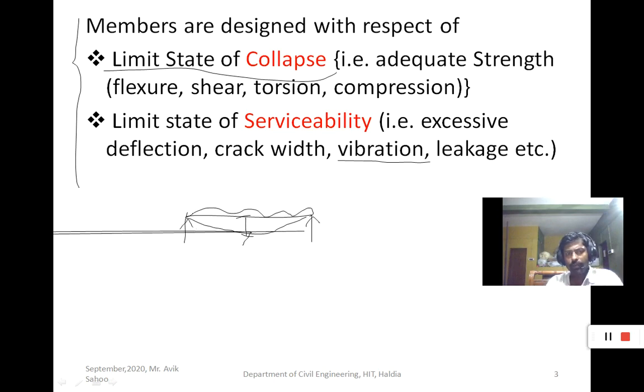If the deflection is excessive, more than allowable, the occupants staying inside the structure are not feeling safe, although the structure is safe under load. So first of all the architectural looks are affected and the occupants are not feeling safe.